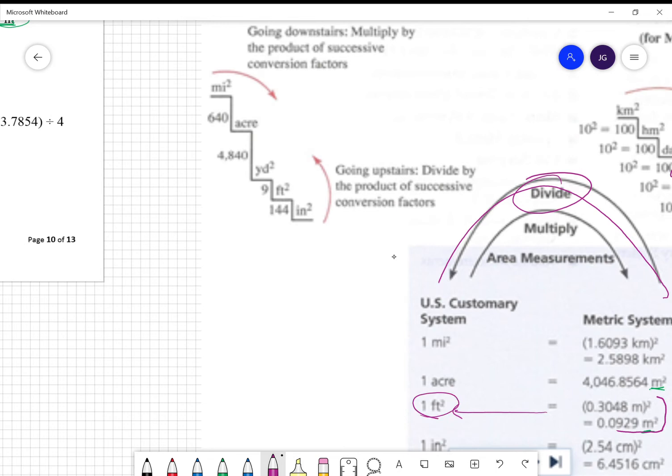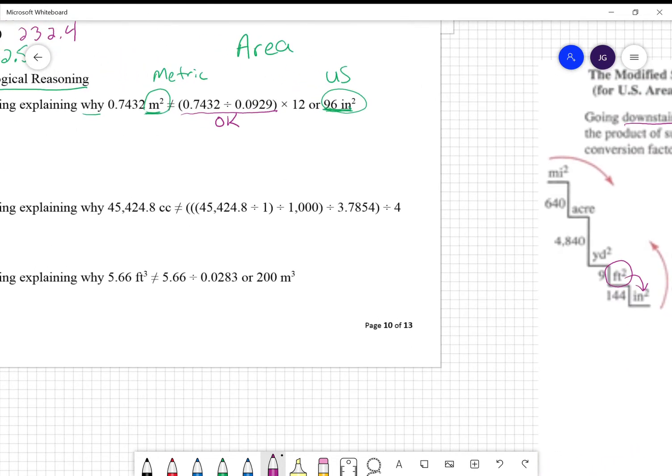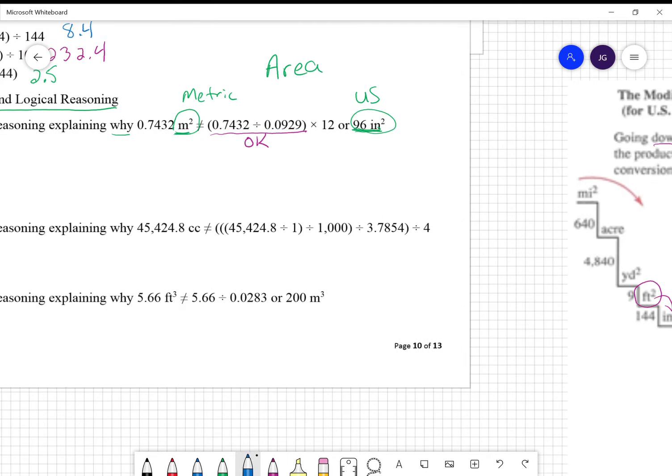And now they are at square feet, but I want square inches, so I'm at square feet. I want to go to square inches. I'm going down, so I need to multiply by 144. So I need to multiply by 144. This should have been 12 squared.